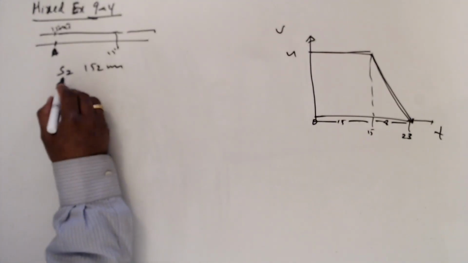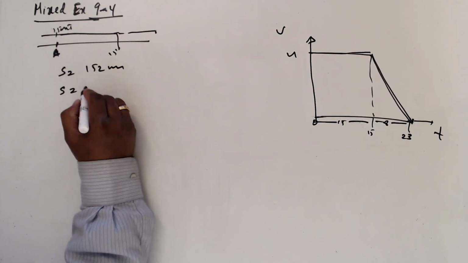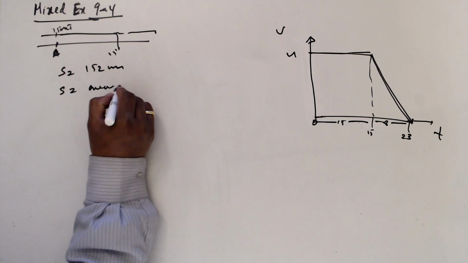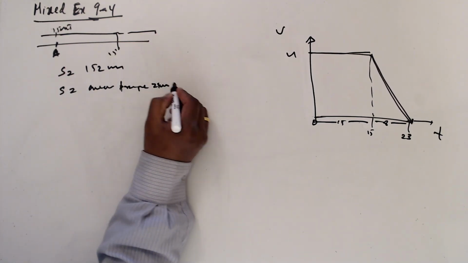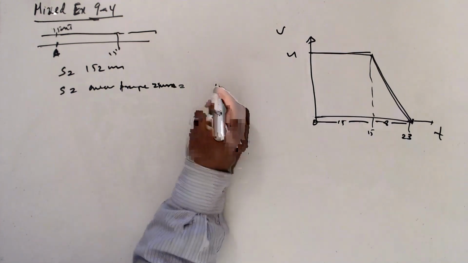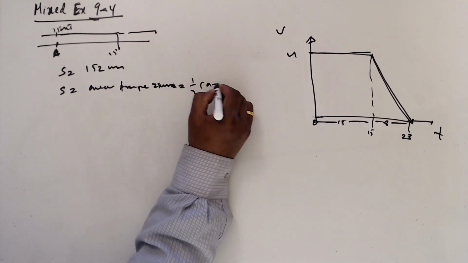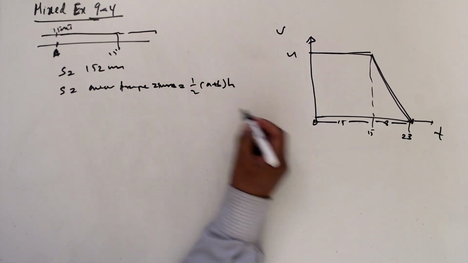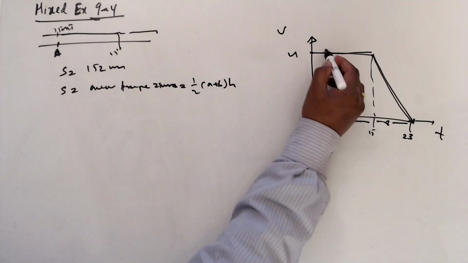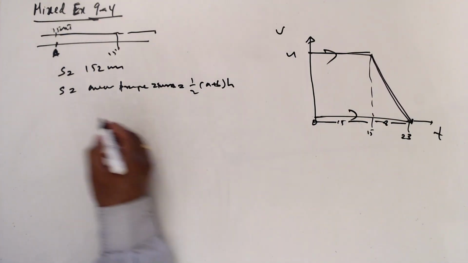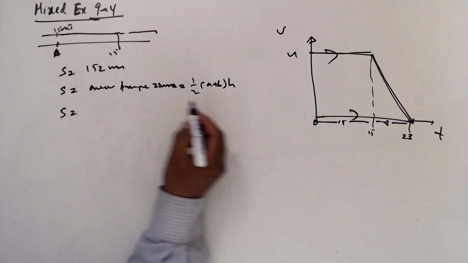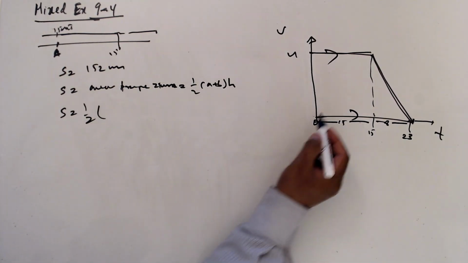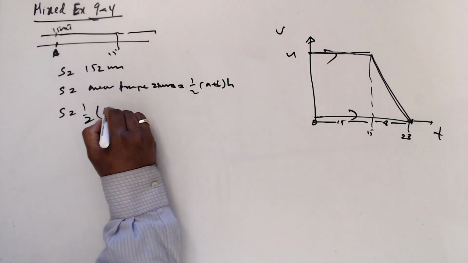So it is easy: S equals the area of the trapezium, which is half (a plus b) times h. These are the two parallel lines. So S equals half times the height, which is u.